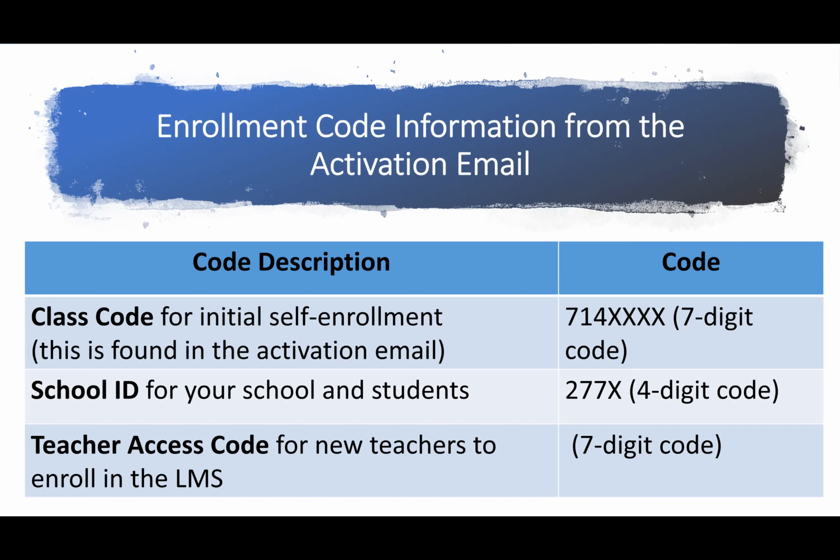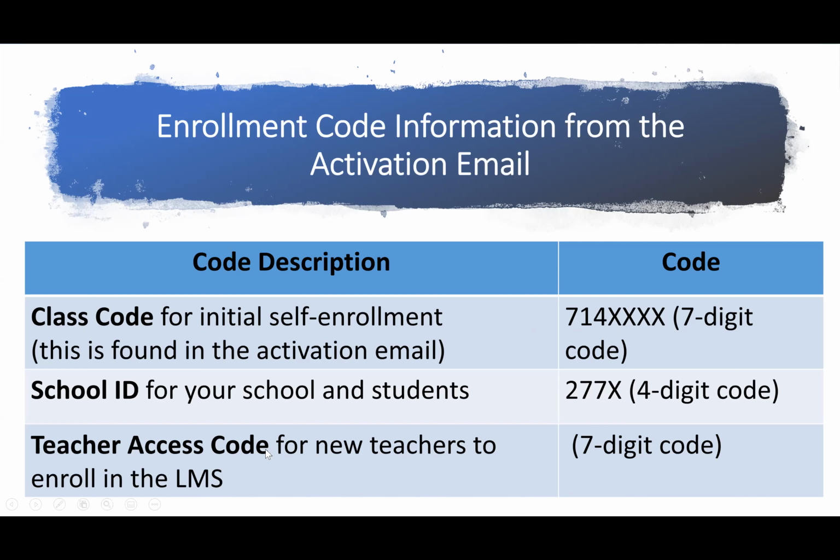So these three pieces of information are going to be a class code. This is a code that you can use both for self-enrollment and that will be used for teachers beyond your administration. It will also have a school ID code. So this is going to be a 4-numbered code that all your students will need to put in, whether they're activating this on the web or a mobile phone.